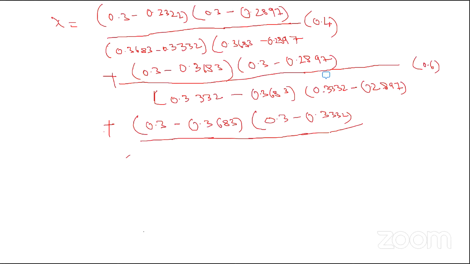Here, in Lagrange's interpolation formula, there are n plus 1 tabular values. Here how many numbers are there? x0, x1, x2. Three numbers are there, and 3 can be written as 2 plus 1.